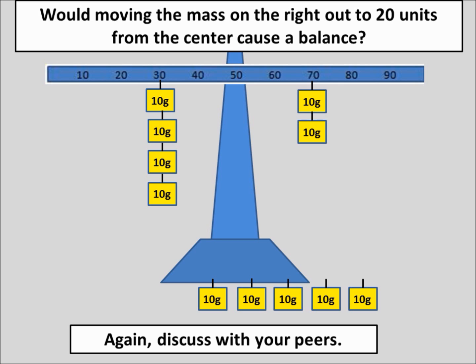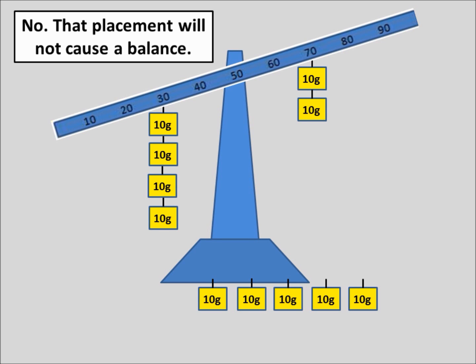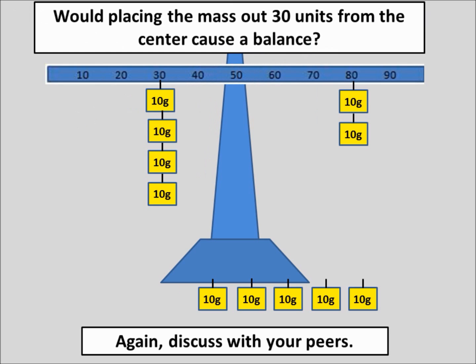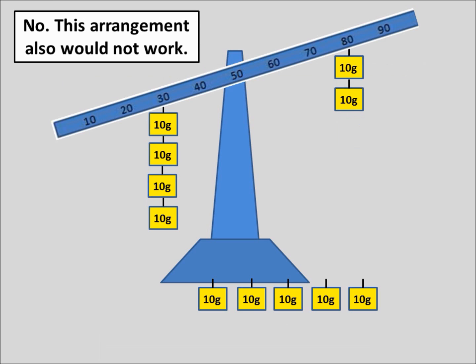No, this placement of the masses on the right would not cause a balance either. Would placing the mass at 30 units from the center cause a balance? Again, discuss with your peers. No, again, this arrangement will not work either.